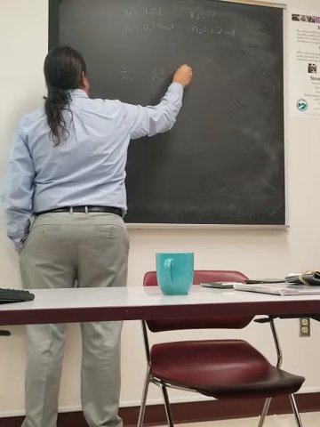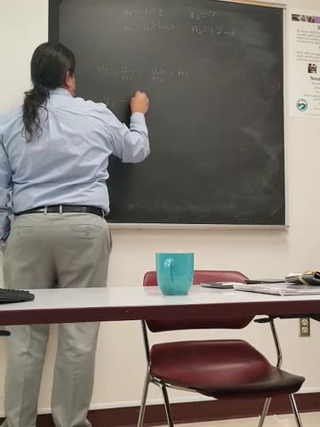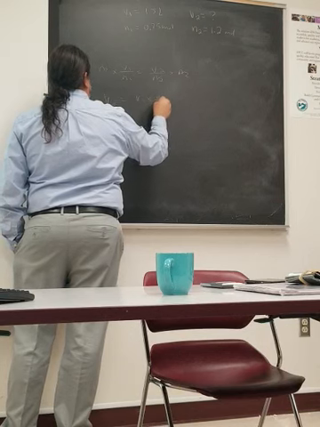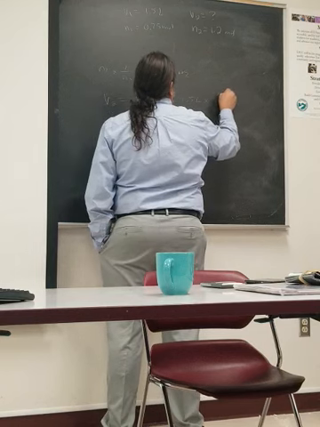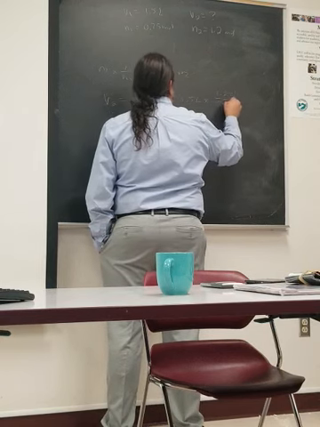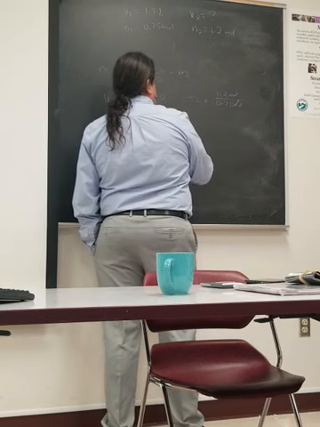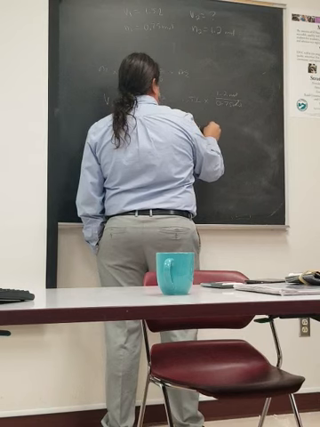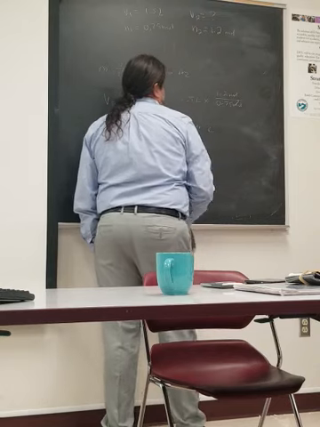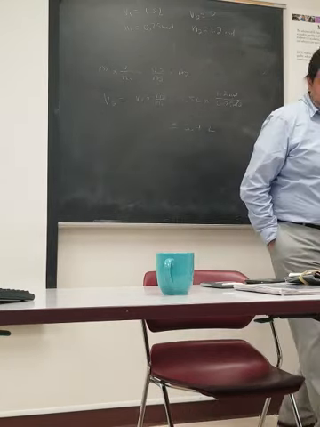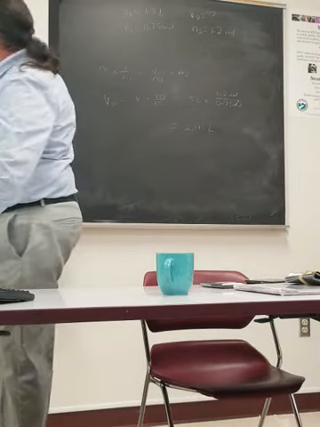Solving for V2, multiply both sides by n2, and n2 cancels. We should end up with, let's see.